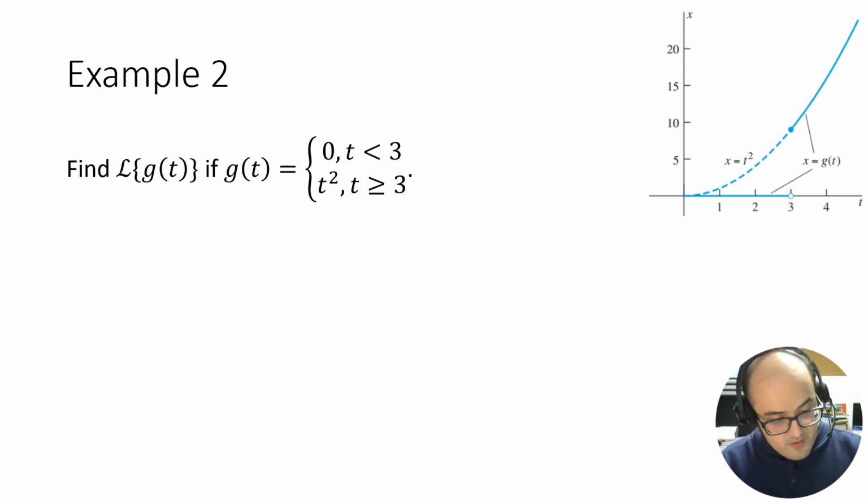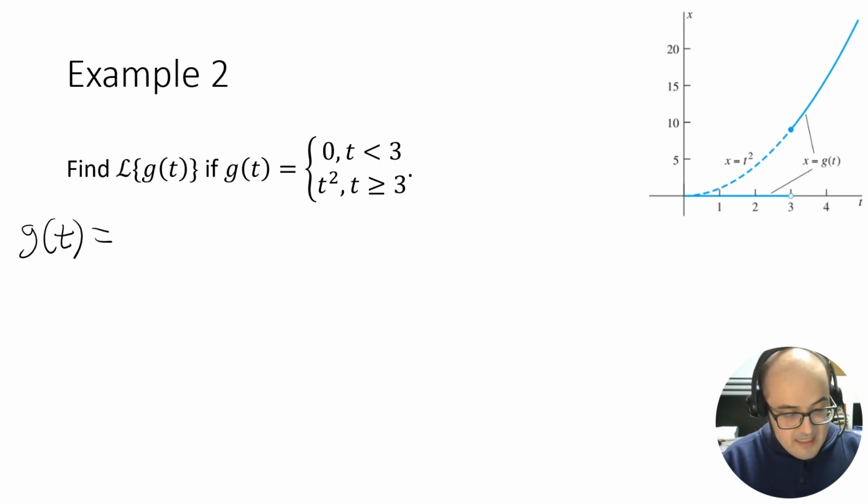For this, we are going to write g of t as u of t minus 3, since 3 would be a in this case, times f of t minus 3.